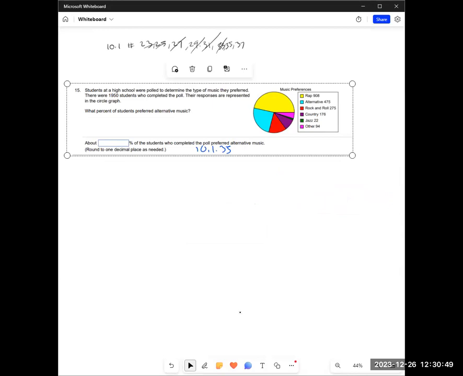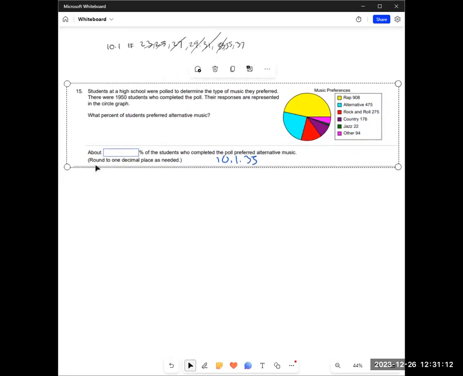Students at a high school were polled to determine the type of music they preferred. There were 1,950 students who completed the poll. Their responses are represented in the circle graph over here to the right, and make that a little bigger.